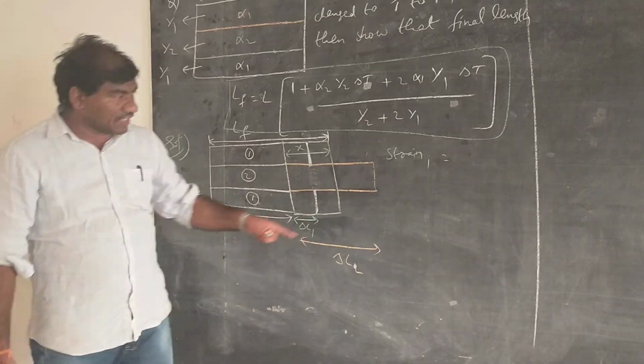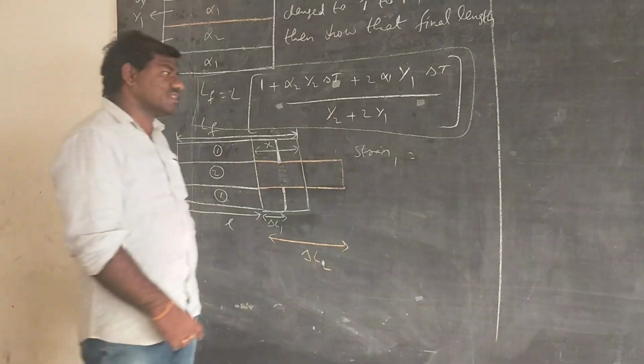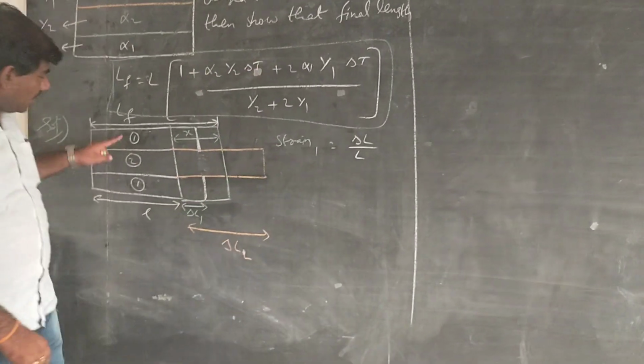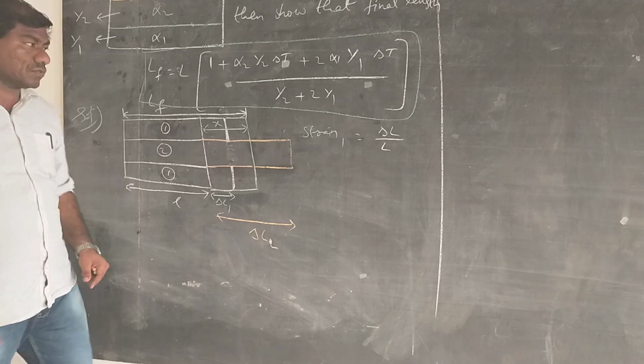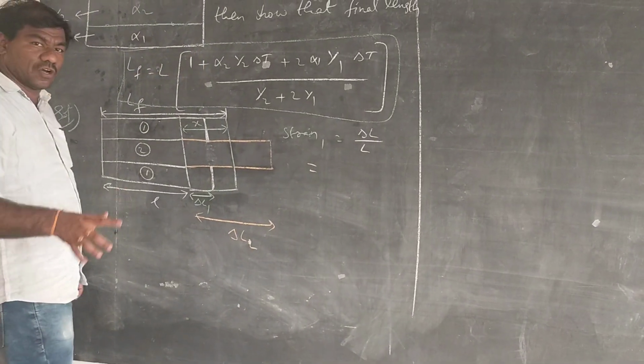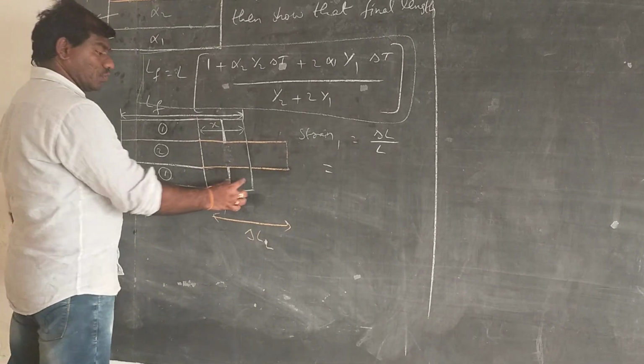First of all, let us find out strain 1. What does your strain 1 come out to be? Strain 1 is nothing but delta L by L1. L1 is nothing but L only initially, right? So no problem. Delta L: how much length you restricted, or how much length you can't restrict, you can take either. Actually this is delta L1, but this has gone up to here, no?